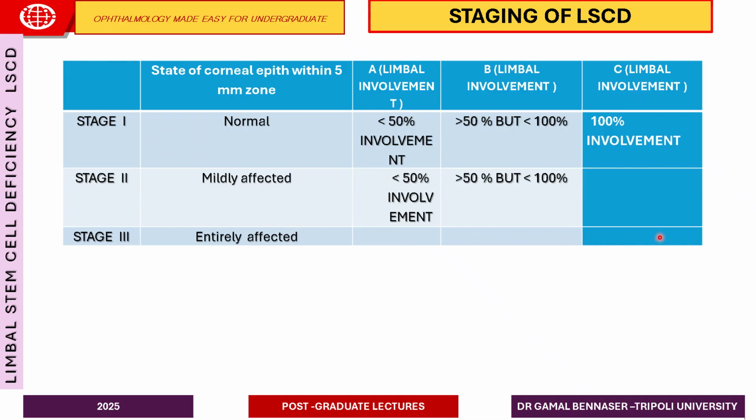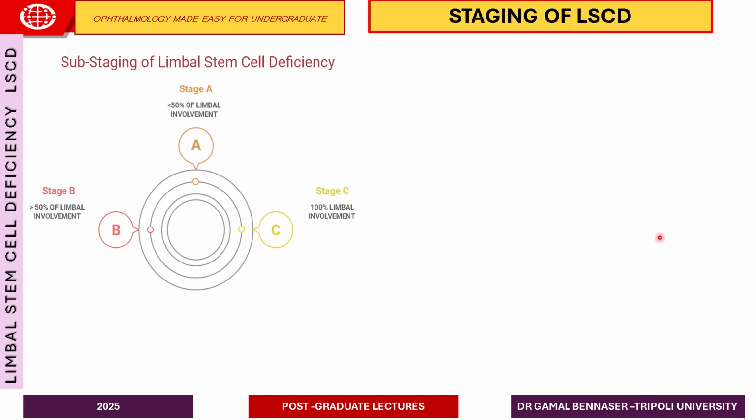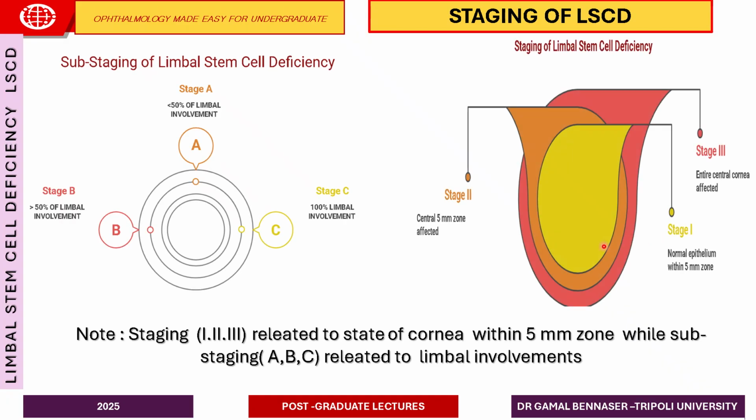So this is based on the international classification done by the International Working Group for Limbal Stem Cell Deficiency. I would like to emphasize that for stages 1, 2 and 3, it is related to the status of the central 5 millimeter zone of the cornea. For stage 1, as I said, there is a normal central 5 millimeter zone.